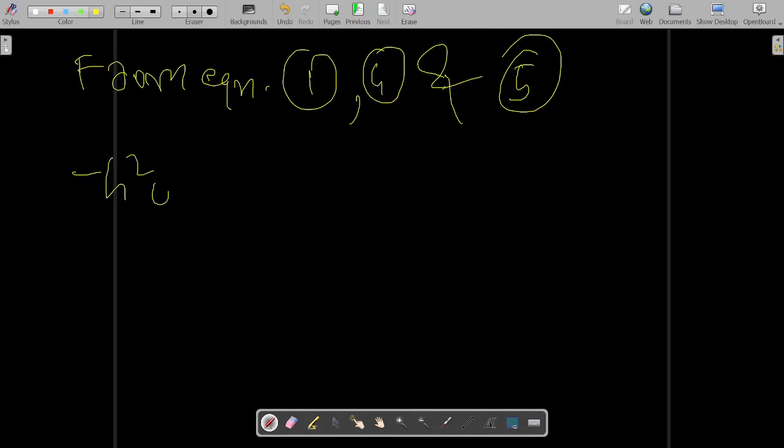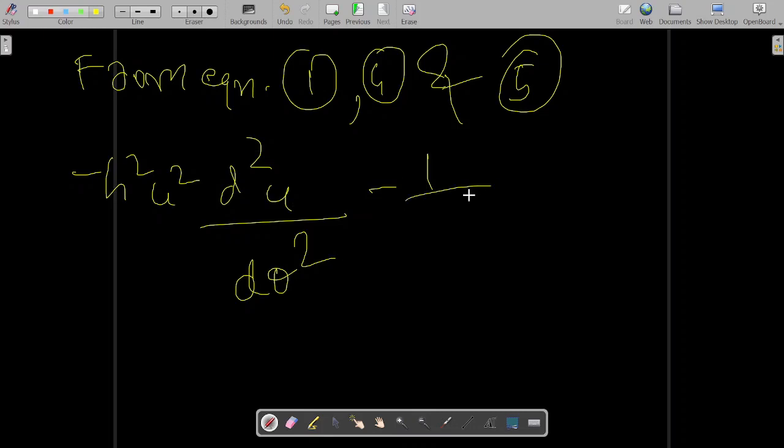Minus h square u square d2u by d theta 2 minus 1 over u, h u square whole square is equal to minus f. How did we get this?